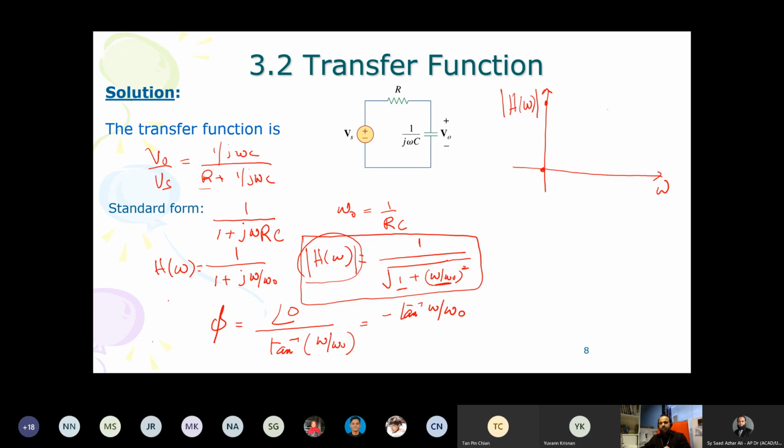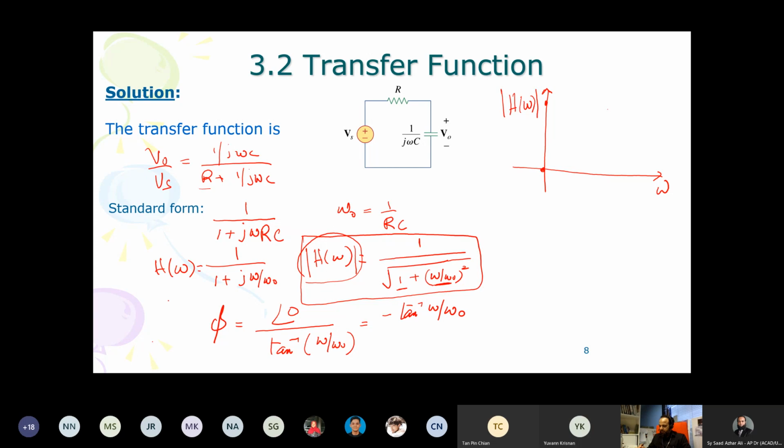So theoretically, if someone wants to plot the magnitude response, he has to find the values of omega and then keep on plotting. So the next step should be, let's say omega equal 0.01 and 0.02 and 1, 3 and 4 and 5 and 6 and 10 and 20 and so on.